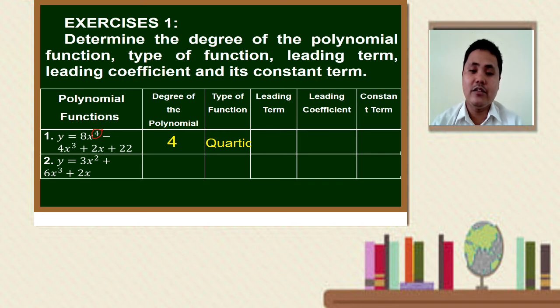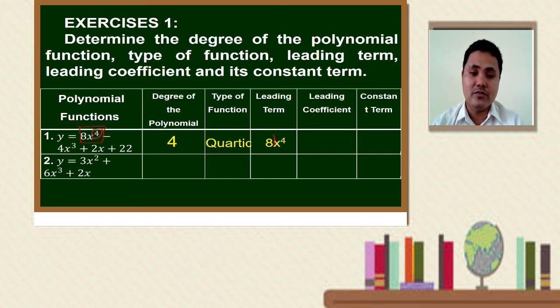And our leading term can be identified through the term which has the highest power of the variable. So that is 8x raised to the power of 4. And our leading coefficient can be obtained by looking at the coefficient of the leading term.